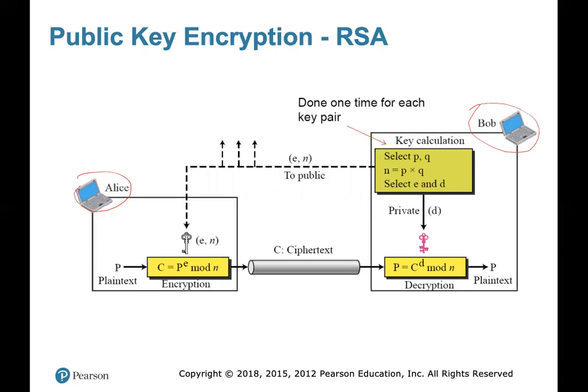So Alice will be using E and N as a public key and calculate P to the power of E mod N, send this over the channel. And then Bob receives ciphertext C, and C to the power of D mod N is going to recover the plain text, which is P.